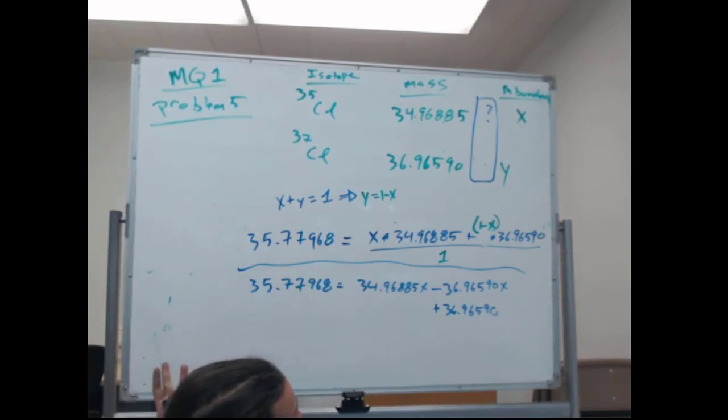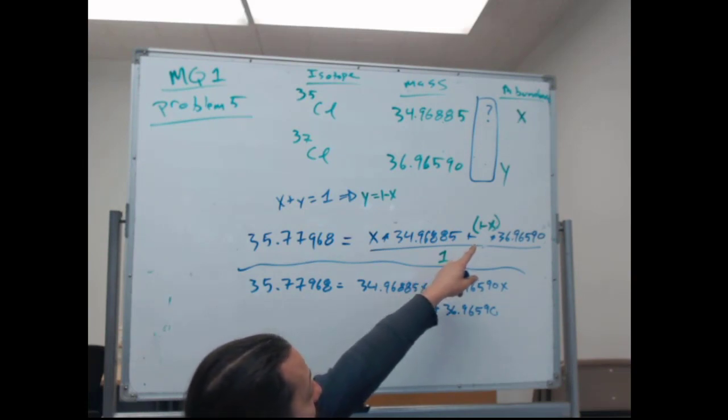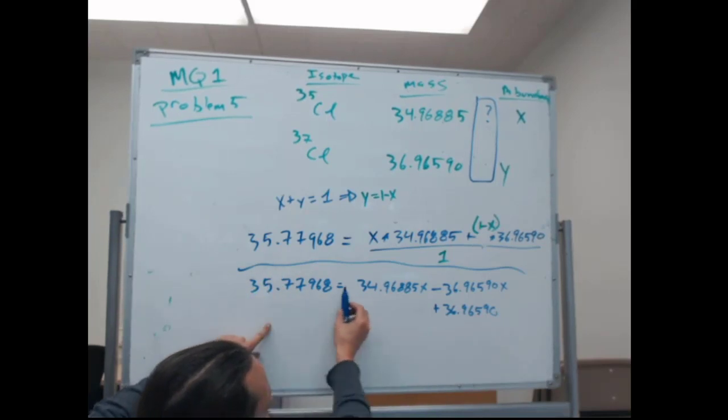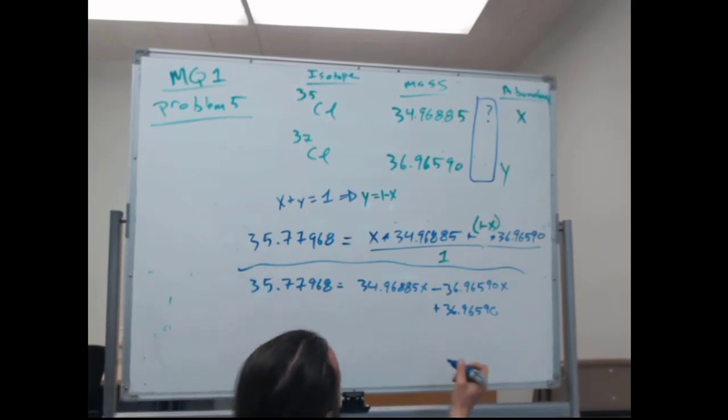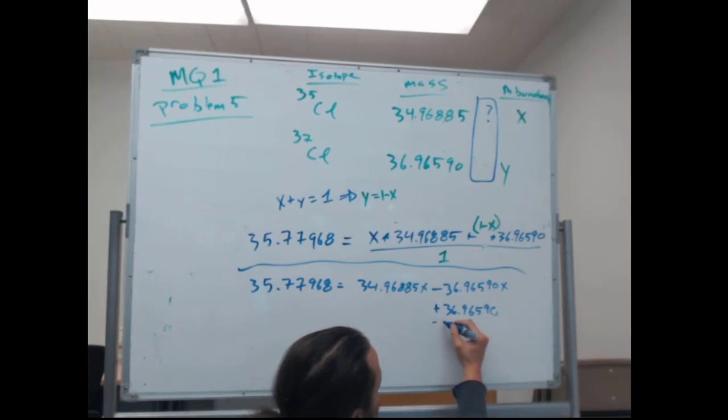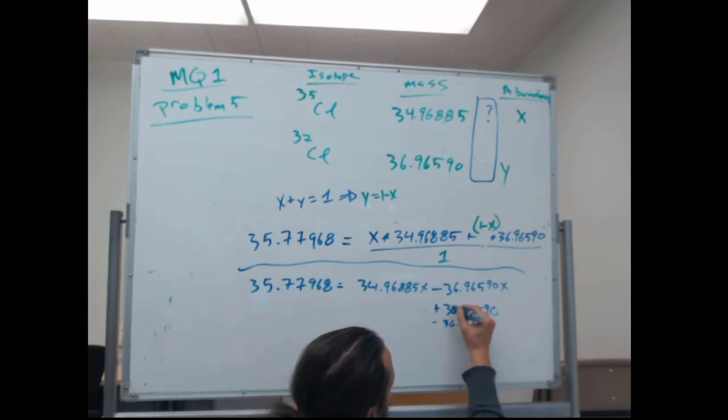We'll go ahead and subtract the 36.96 over. We'll leave the X's on one side. We'll move the other part over. Both sides are going to end up negative, so we'll end up with a positive abundance. First thing we do, subtract that part over, subtracting 36.9690 from both sides.